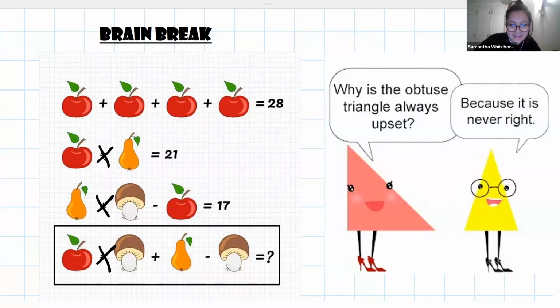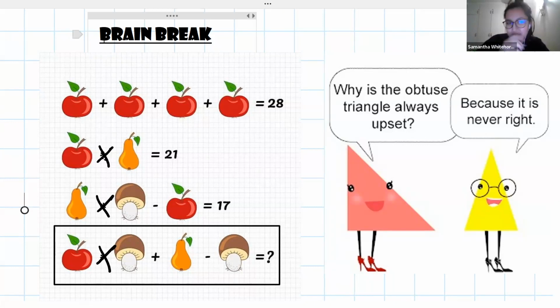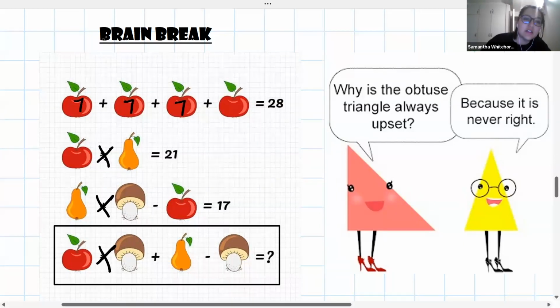So I was asking myself what makes 28, and I saw 4 apples. The way I figured out that it's 7 is that I divided 28 by 4, which gives 7. So the apples are 7.